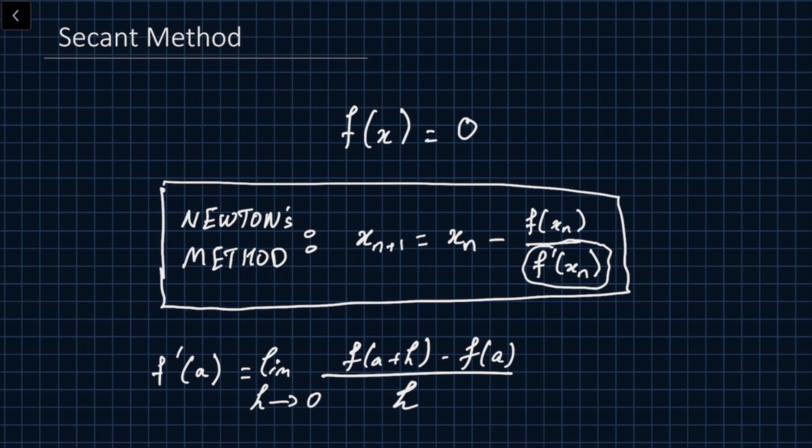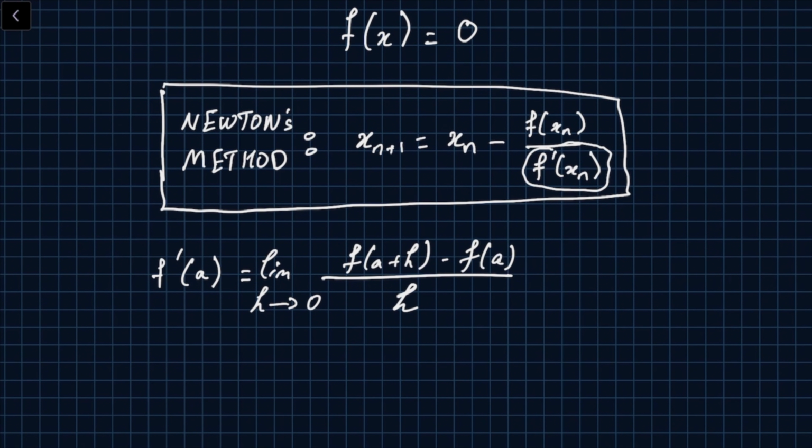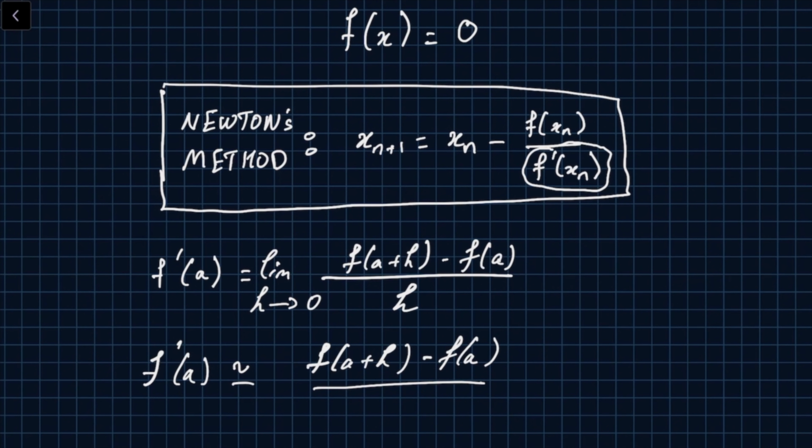Well, the finite difference method tells you, since we're going to be a bit realistic over here, we're going to work with discrete values, we can omit this limit and say that h is small. So we can go ahead and say f prime of a is an approximation of this guy given a very small h, right? Makes sense because you could approximate it given that h is small, no?